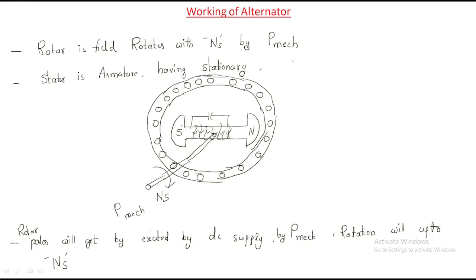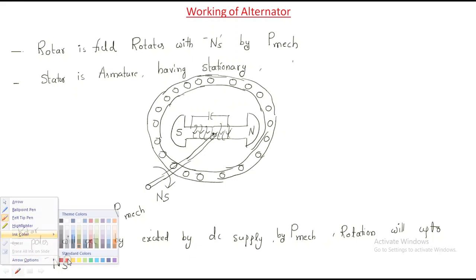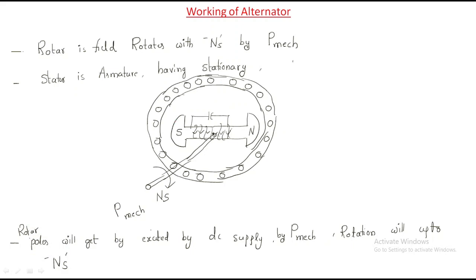Whenever it rotates, when it forms a north pole and south pole, the north pole always gives flux lines to the south pole. This north pole will give the flux lines to the south pole, and this is also like this.